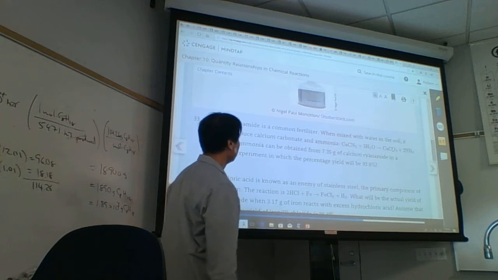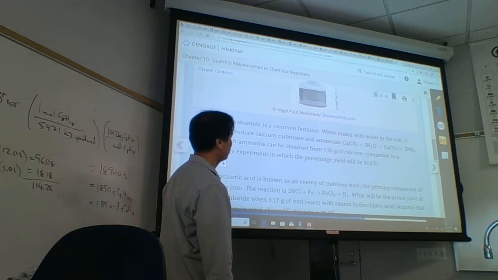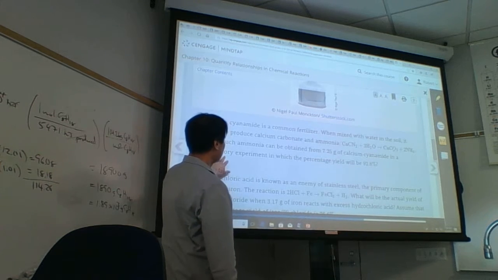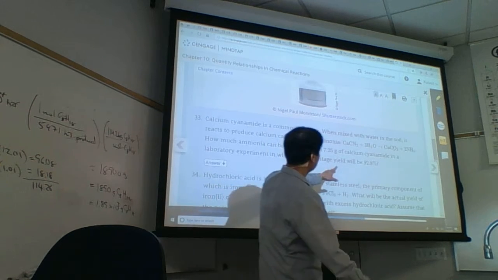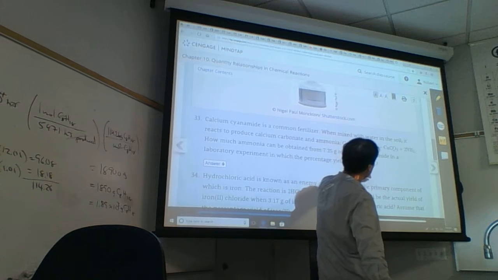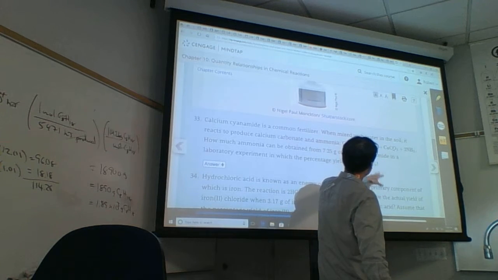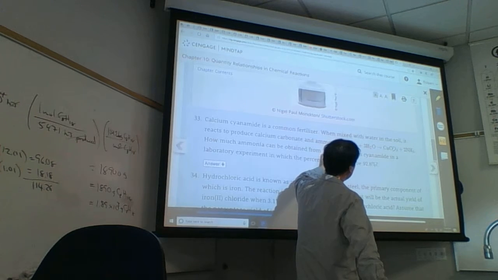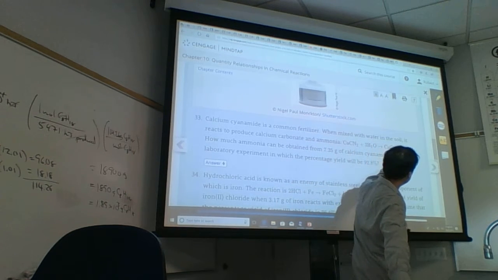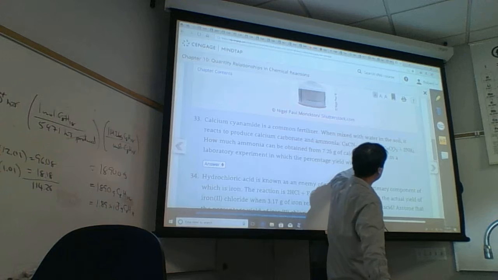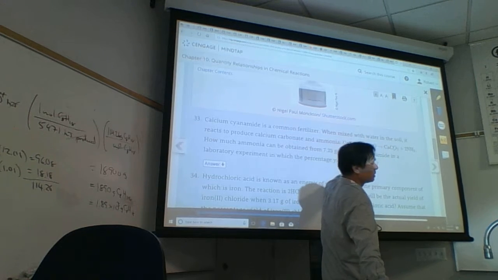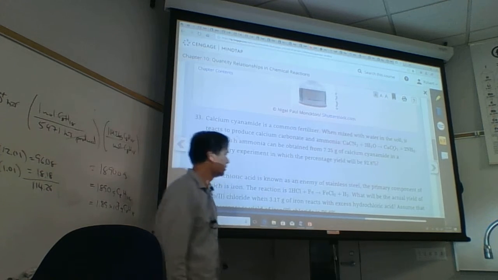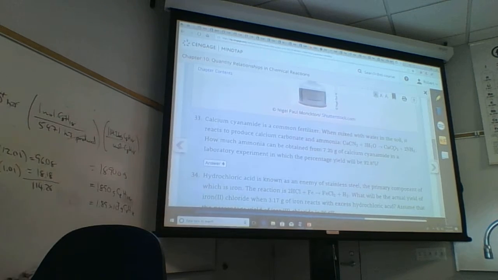How much ammonia can be obtained from 7.25 grams of calcium cyanamide in a laboratory experiment in which the percentage yield is 92.8%? So we're going to lose 7.2% of the ammonia. If we lose 7.2%, then we're going to get a little less. So from 7.25 grams, we figure out the theoretical yield of ammonia, and then we cut it down. We cut down the theoretical yield because we lose a little bit. So that would be an example of application of percent yield.